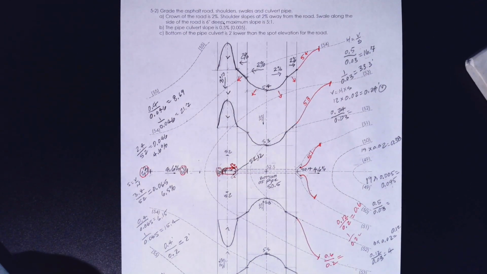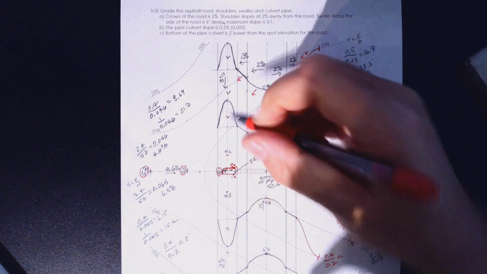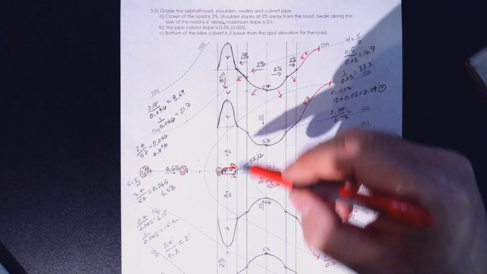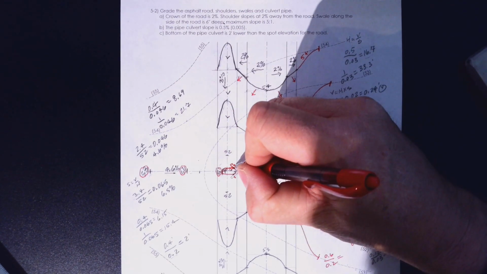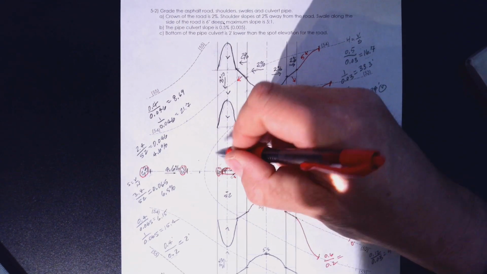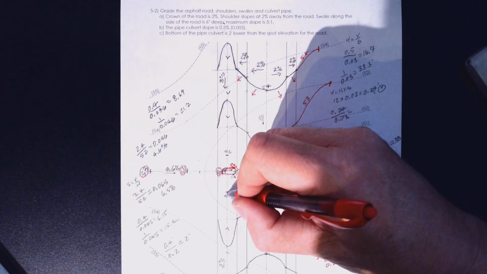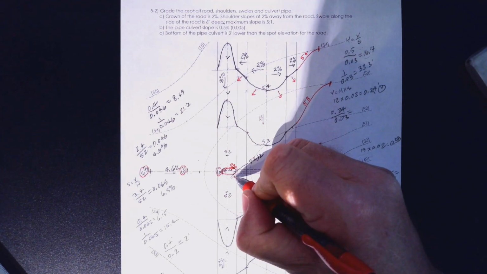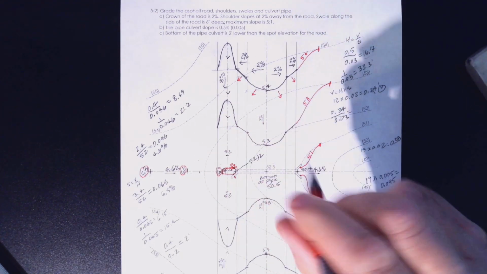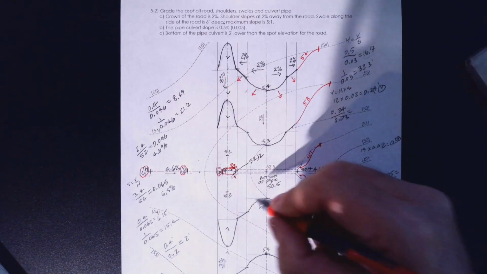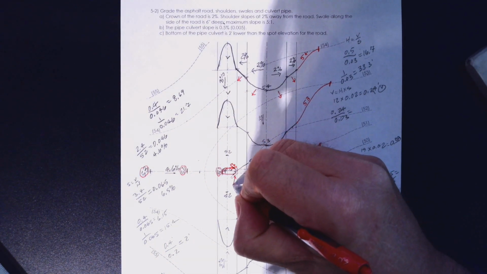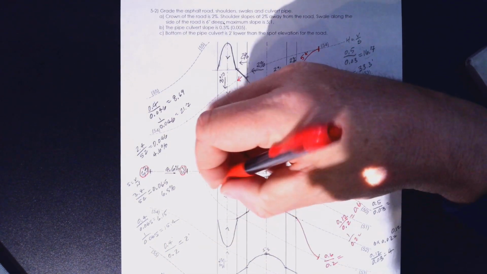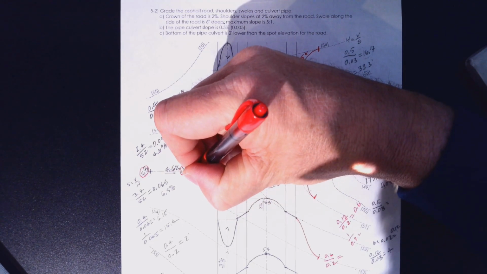We need to do this at a bigger scale, but anyway, this is the best we can do for now. So 52, we got to tie into 52, 52, 52, and 52. So we've got to bring this around, something like this, and then we have to get to 52 over here.